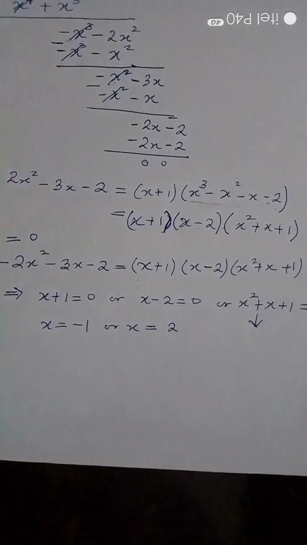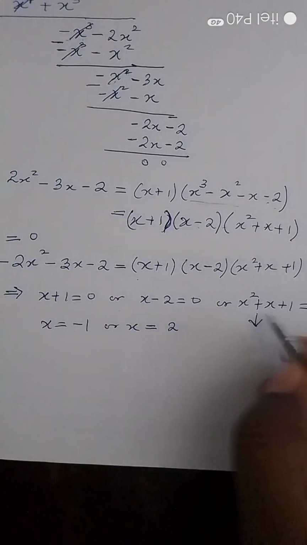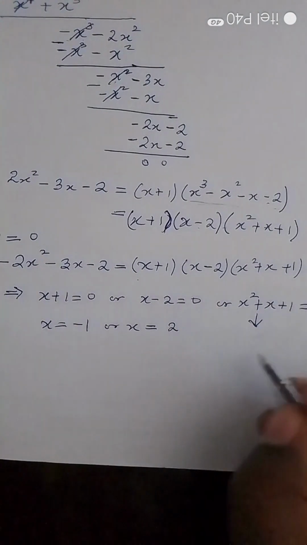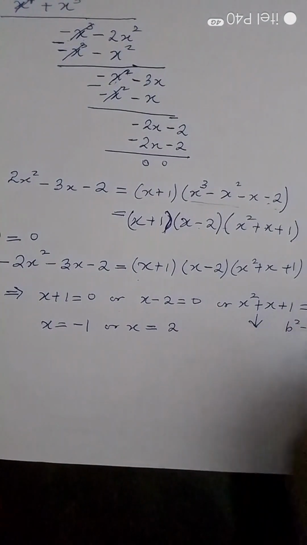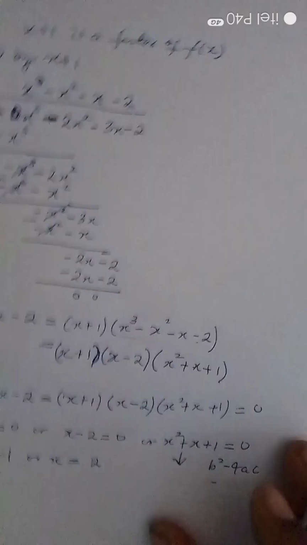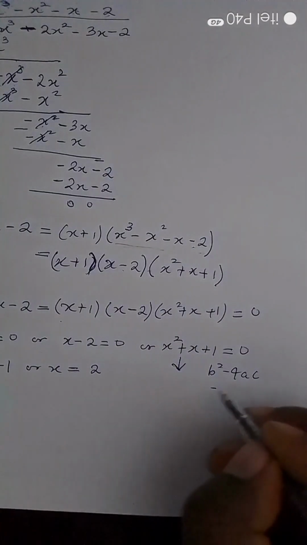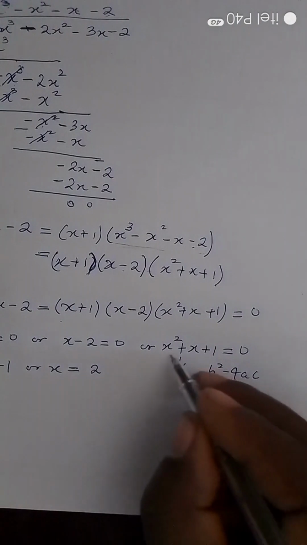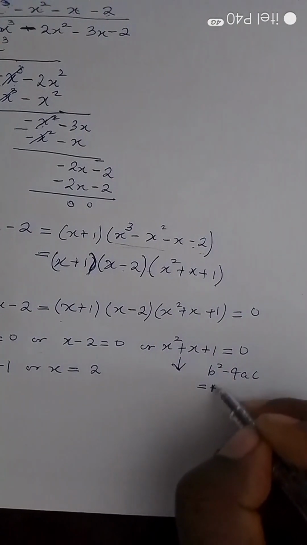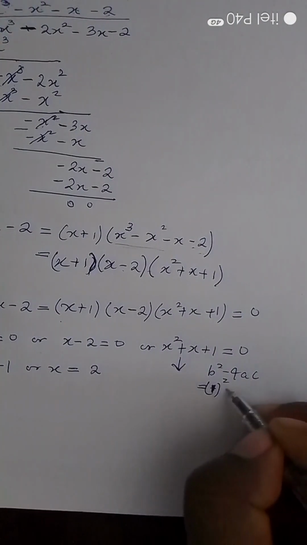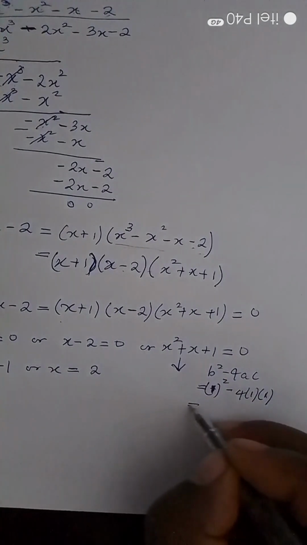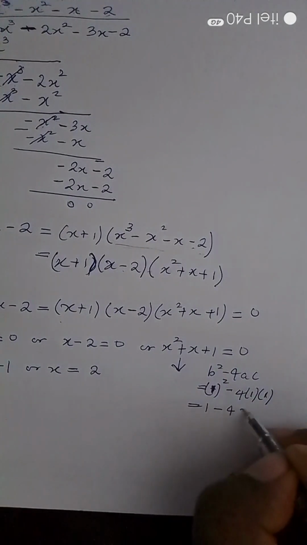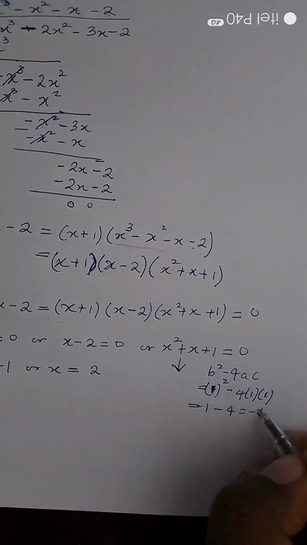On further check, once we apply the quadratic formula here, we notice that b squared minus 4ac, that's the radicand, is going to give us 1 squared minus 4 times 1 times 1, which gives us 1 minus 4, which is minus 3.